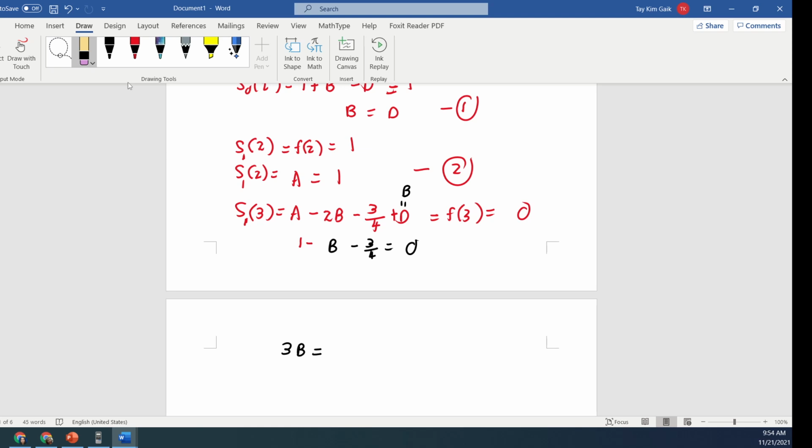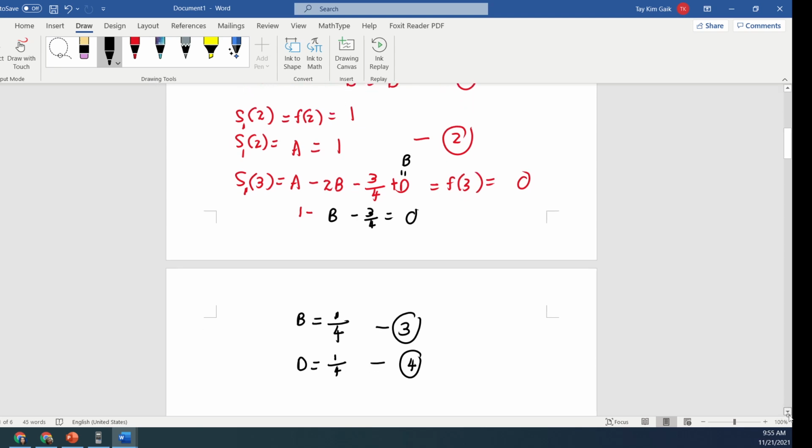So we bring b to the other side, and b will be equal to 1 over 4. Since b equals d, d also equals 1/4. So you obtain b is 1/4, d is 1/4, and A is 1.